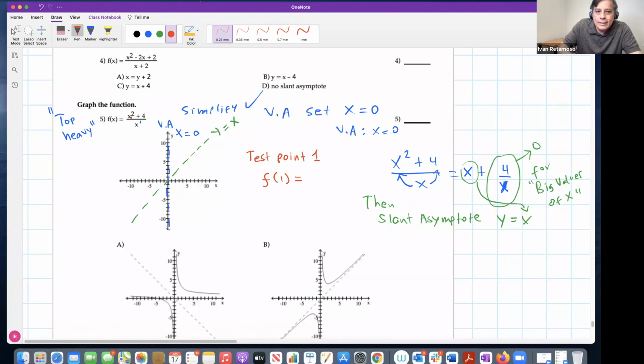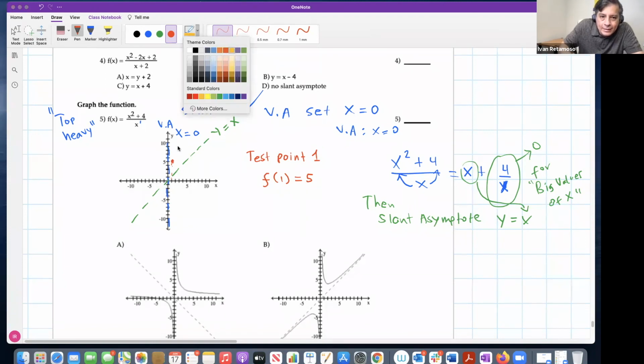What is this evaluated at 1? 1 squared is 1, 1 plus 4 is 5, 5 divided by 1, 5. It's giving me a positive value for 1. The output value should be 5. So the graph should go to this point. So this is telling me that the curve that I have to consider must be this curve.